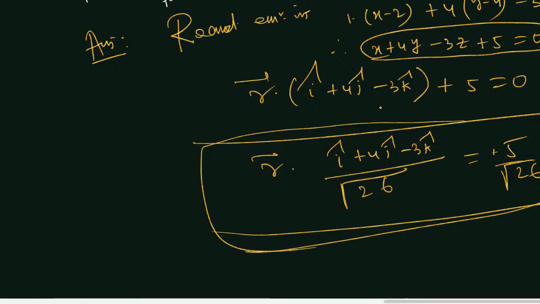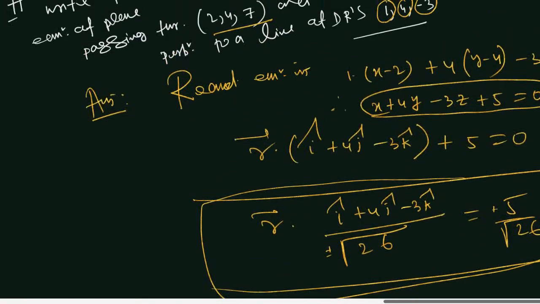Plus minus sign you keep here better. Okay? This is the required equation of the plane. But once you are expressing r dot n equal to d, that d will represent a positive quantity. That you never express in negative. It will be 5 by root 26. Here you keep r dot n cap. Okay?